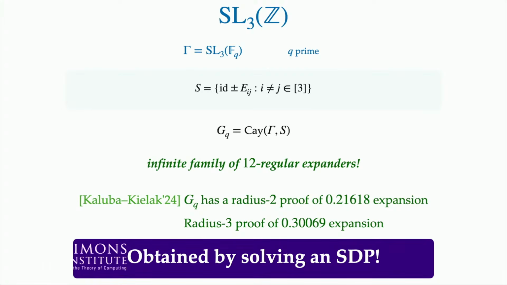And then if you amp up the degree, say I'm not only going to confine myself to radius 2 relations, but I'll also allow radius 3 relations, which are degree 6, then you get something of dimension close to 1000 by 1000, and it has expansion that's a bit better.